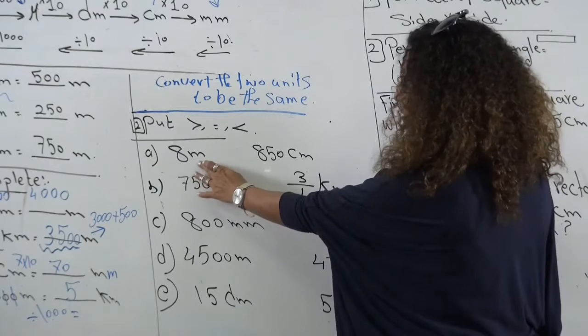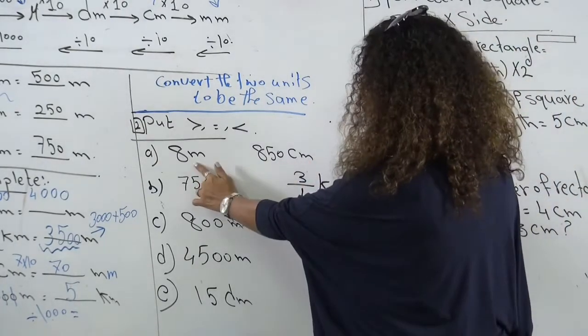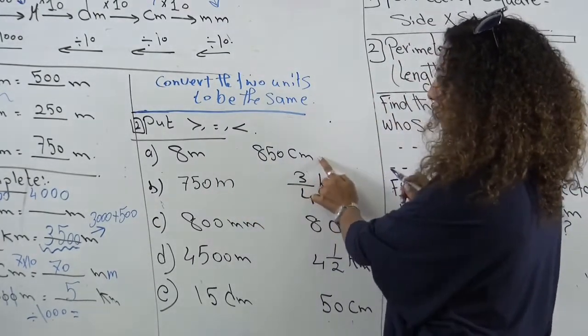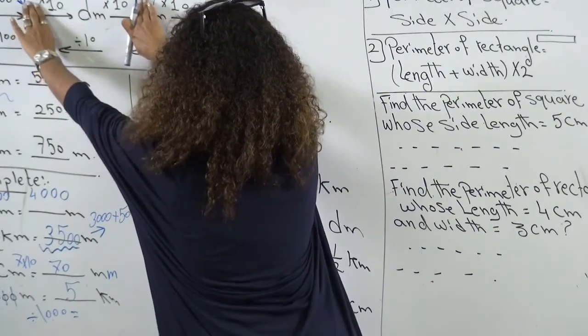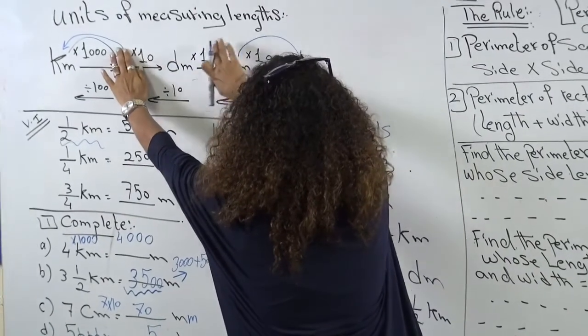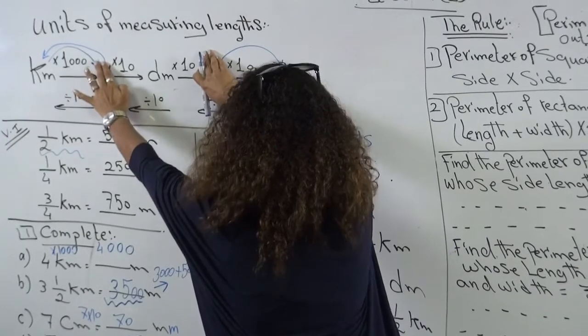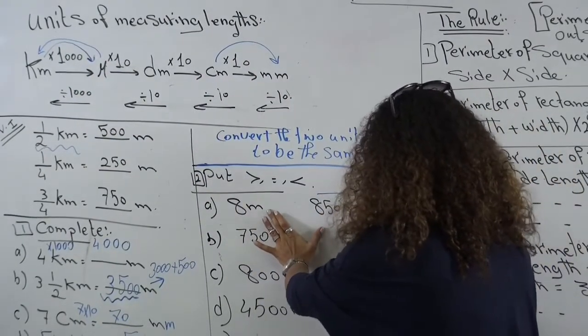I have 8 meter and 850 centimeter. Which one is the smallest unit? It's the centimeter. So I have to change meter to centimeter. Watch here between my hands, from meter to centimeter, I have 2 zeros, that means 10 and 10. 10 times 10, that means times 100. Keep the smallest as it is.